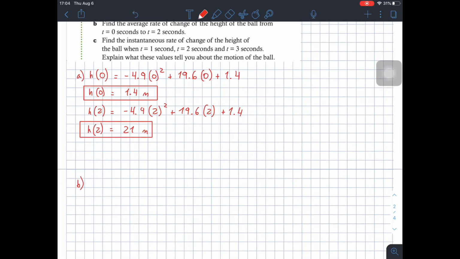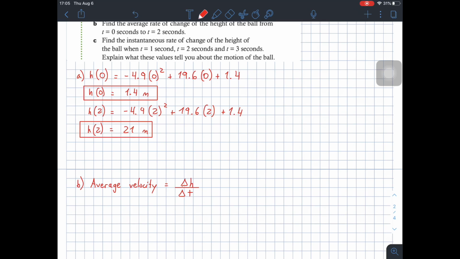Which is the average velocity in this case. So I'm going to write it like this. The average velocity or average rate of change of height is equal to delta height over delta time. Remember that the delta sign means final minus initial, right?